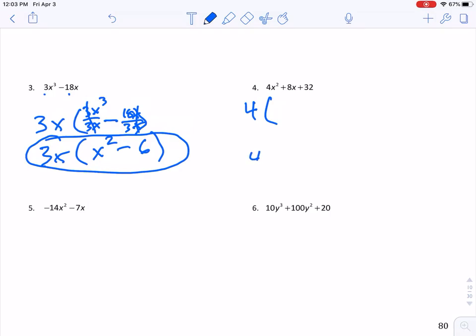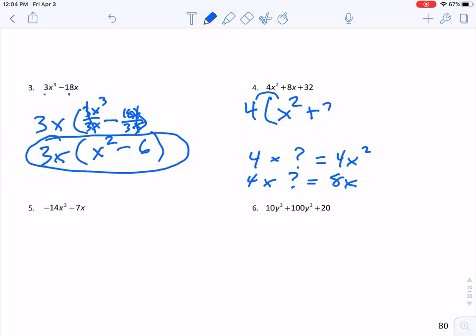So now what you would think is 4 times what is going to give me 4x squared? Well, I would need to multiply it with x squared. That's how I get it, right? So if you imagine multiplying this out, 4 times x squared is 4x squared. Plus 4 times what is going to be 8x?